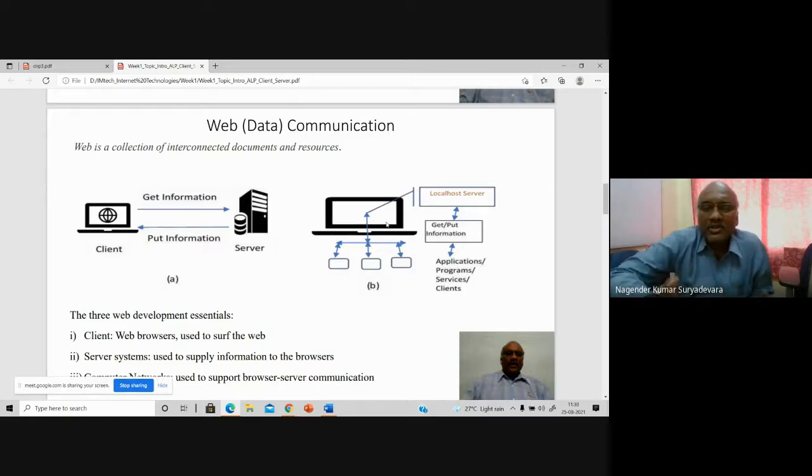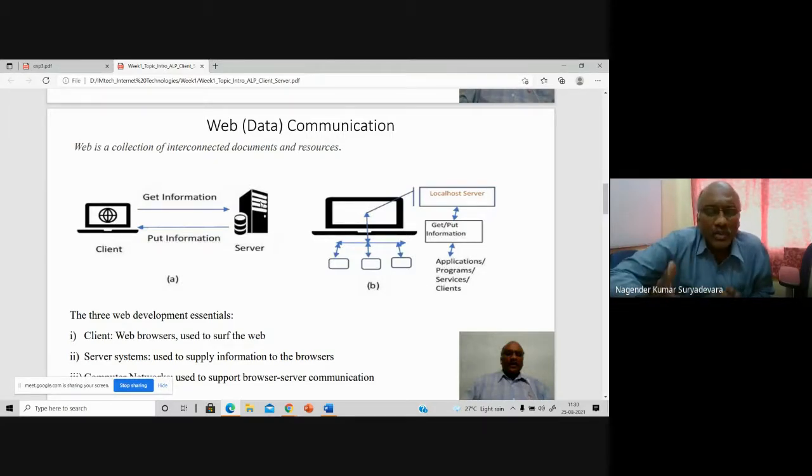The one who is going to serve your request is also available on your own computer. That server is called localhost, in your local box, meaning your laptop or your desktop. The server is not present in some other place.